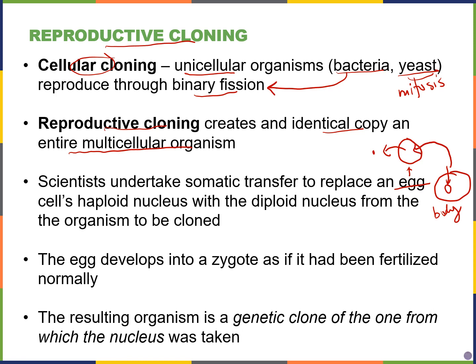And what we're going to see is this egg that has received a nucleus from a body cell, so it's a diploid nucleus, will ultimately be transplanted into another uterus so that it can develop into a fetus and into a whole other organism, and it will be a clone of whoever or whatever cell donated its nucleus. So the organism will be a clone of whatever organism the nucleus was taken from.